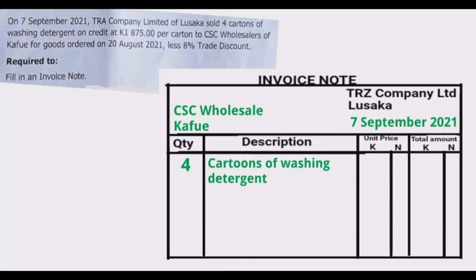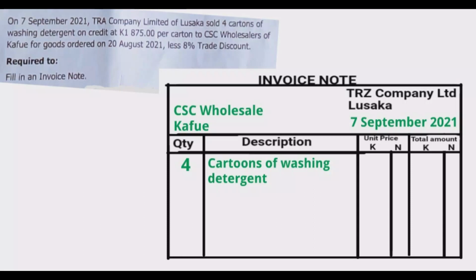We write the name of what was returned. Don't just write washing detergent, because they can be not cartons, they can be just boxes or packets of washing detergent. So you need to make sure that you clarify, you say cartons of washing detergent.